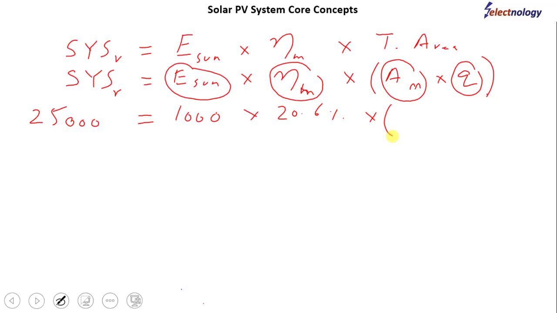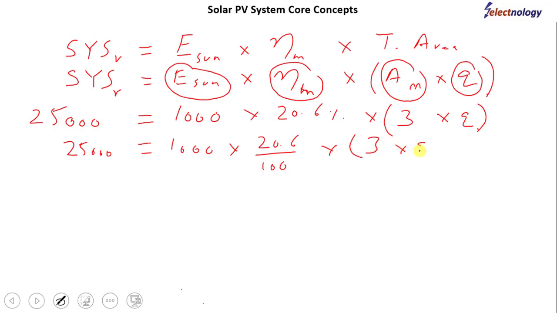Into area. The area we found out for one PV module was 3 meters square, and into quantity. Okay, so that becomes 25,000 equals 1000 into 20.6 divided by 100, because it is in percent, so we divide it by 100, into 3 meters square into quantity.